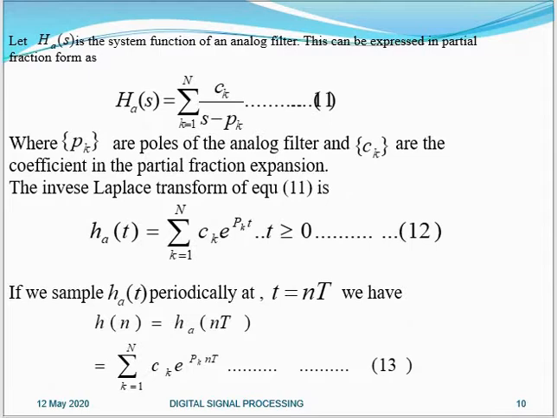As we all know, for the analog part we have the Laplace transform, and for the digital part we have the Z transform. So if we map the S plane with the Z plane, then the mapping will create a relationship between the Laplace domain and the Z domain, that is, the analog and the digital domain.